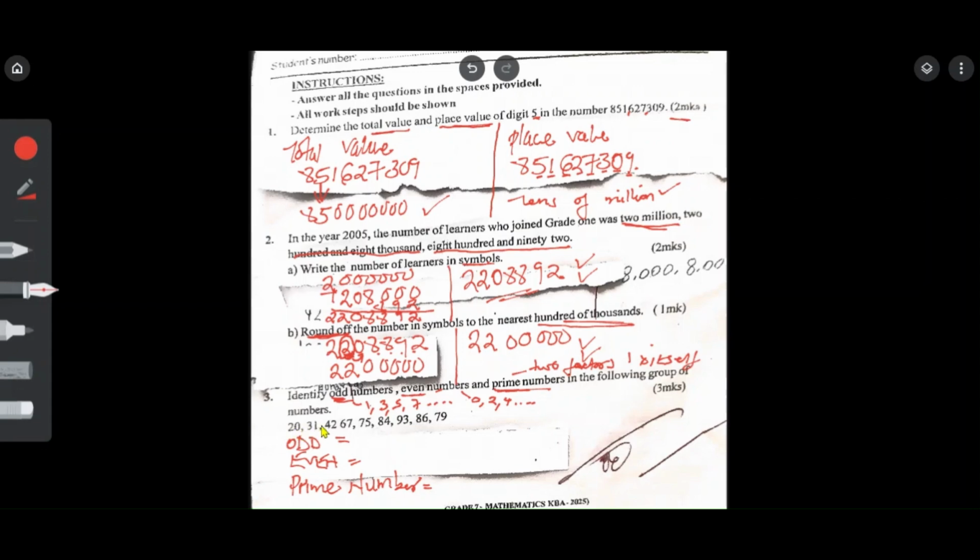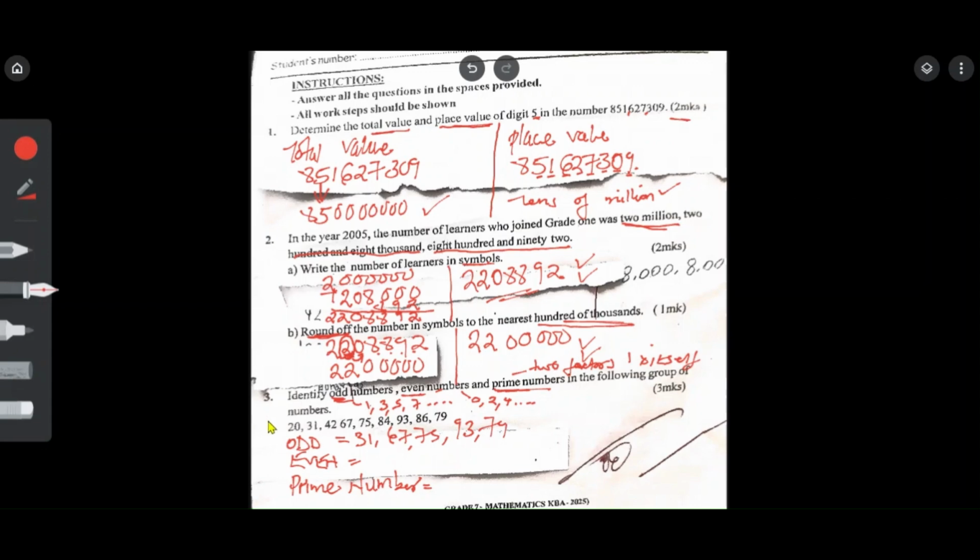This one is an odd number? Yes, 31 is an odd number. What about 42? No. What about 67? Yes, 67 is an odd number. What about 75? True, 75 is an odd number. What about 84? 84 is not an odd number. 93, yes, is an odd number. 86, no. What about 79? 79 is an odd number.